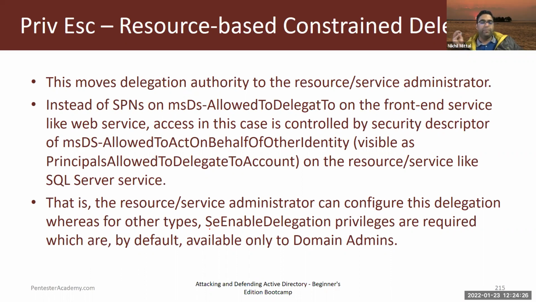That is, in place of the front-end service and its msDS-AllowedToDelegateTo attribute, the access now is controlled by the security descriptor of msDS-AllowedToActOnBehalfOfOtherIdentity, which is visible as principals allowed to delegate to account on the resource. That means that now it is the resource administrator or the service administrator who can configure this delegation.